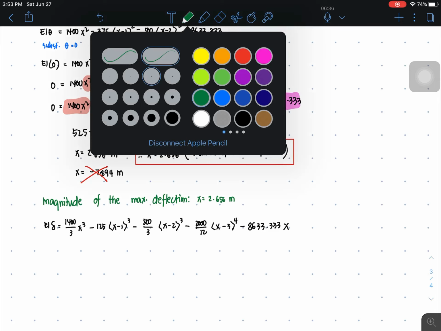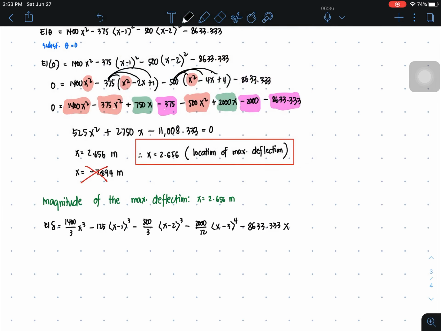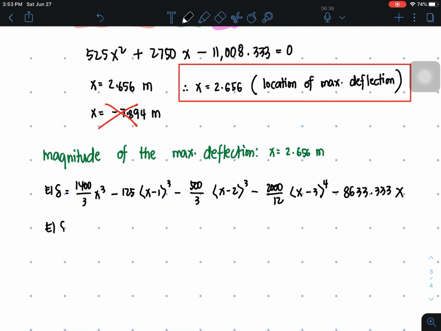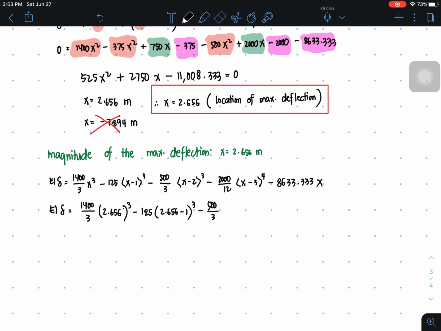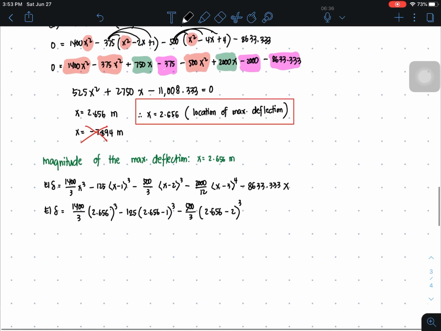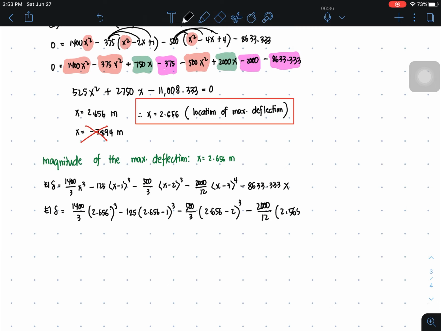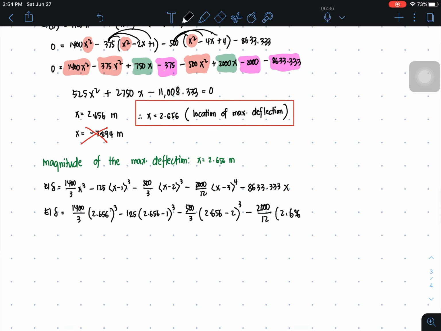So let's substitute x equal to 2.656. So this is EI deflection equal to 1400 over 3 times 2.656 cube minus 125 times 2.656 minus 1 cube, then minus 500 over 3 times 2.656 minus 2 cube, then minus 2000 over 12 times 2.656 minus 3 to the fourth, minus 8633.333 times 2.656.